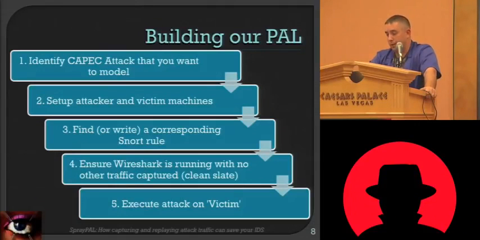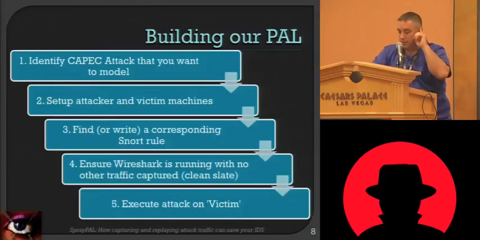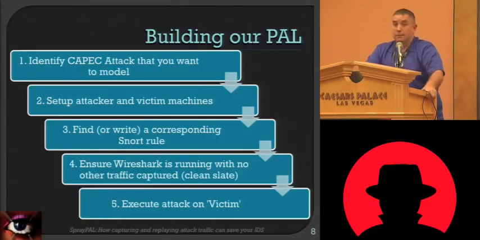Obviously, very supportive community and a lot of good rules out there. So we try and reuse those rules when possible. If not, we'll write a rule for it. Check and make sure that everything's running. Once your rule gets fired, it's just a matter of starting Wireshark, running the attack, stopping Wireshark. Right? Then you have a nice Pcap attack file.